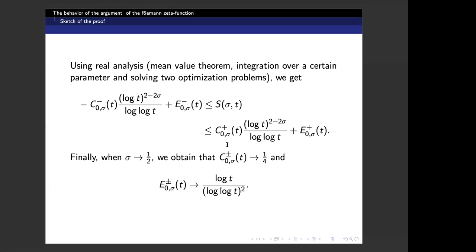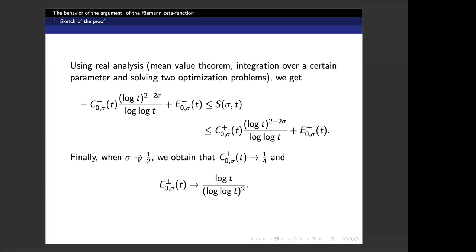Two, if sigma goes to 1/2, S 1/2 t is exactly the function S t. So we recover S t here, and this function is nice because when sigma goes to 1/2, this function is 1/4, and this is exactly the constant that we need to obtain.